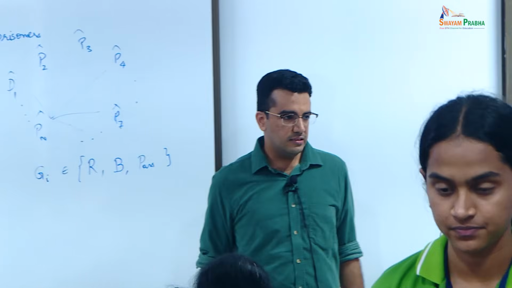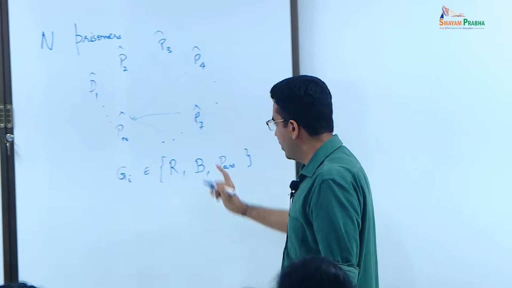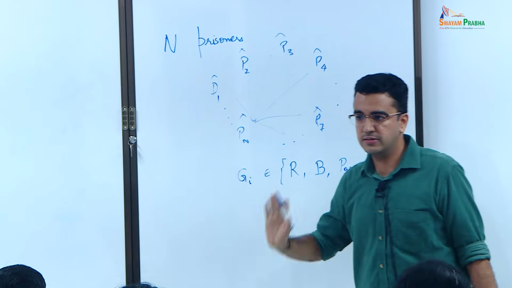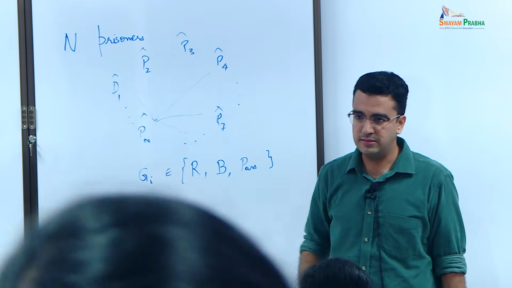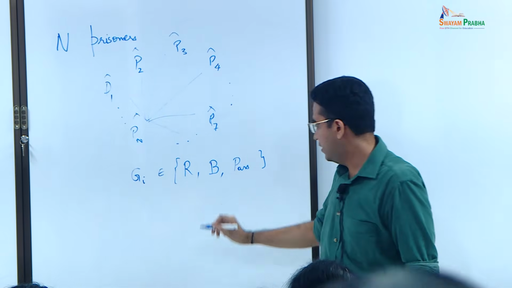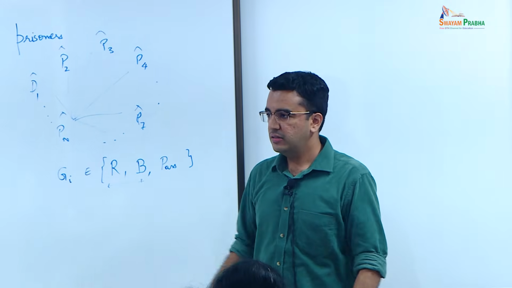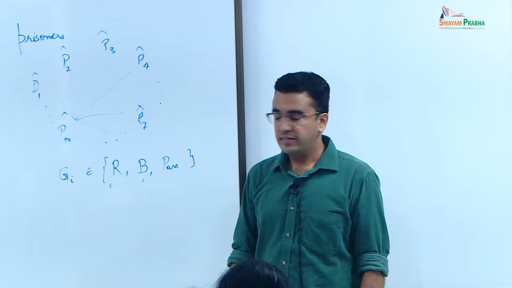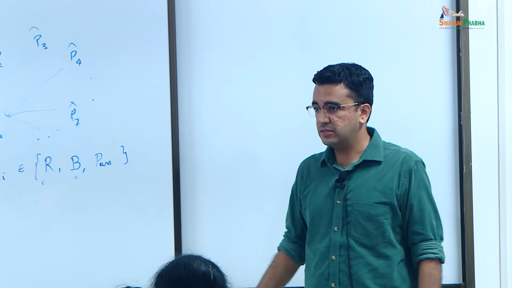Now the task is this. I want at least one prisoner to not pass. At least one guy must make a guess. And suppose that prisoner gets the hat color correct, then all of them are set free.